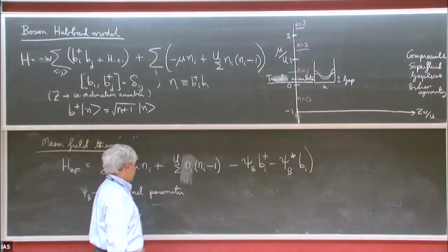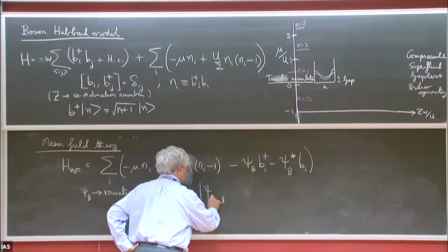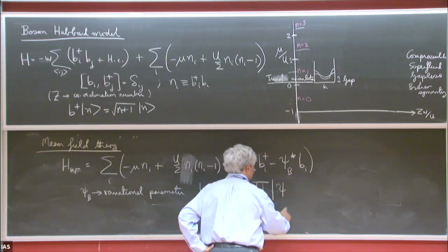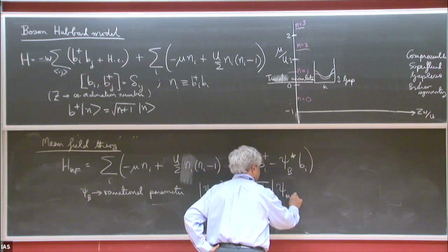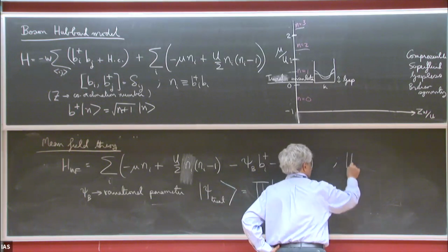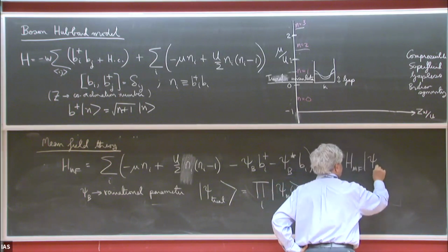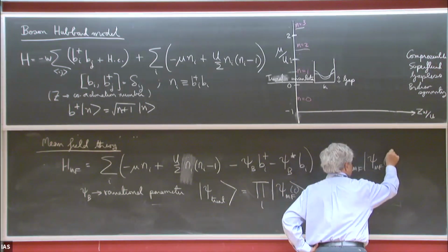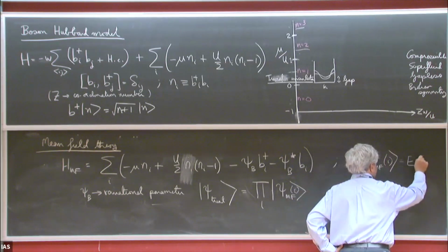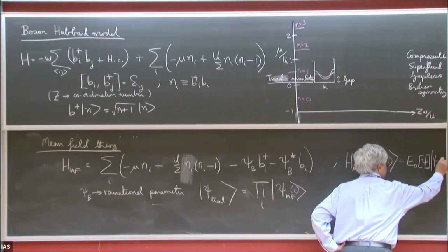Okay, so having got that wave function, our trial wave function will be just the product over i of psi, which is the ground state of mean field. Here I just take H outside, and some energy E0, which will be a function of psi times psi mean field.